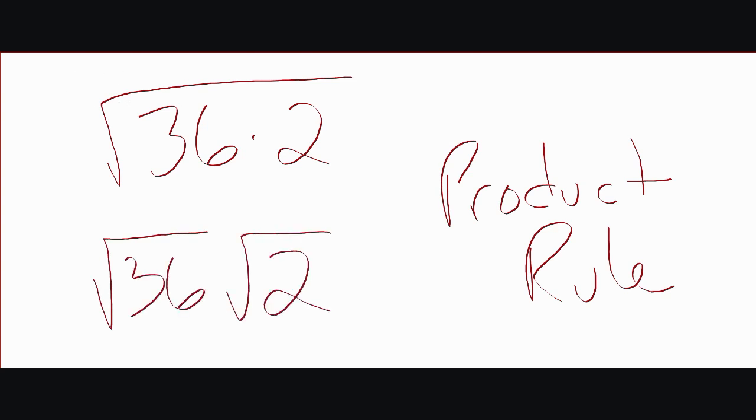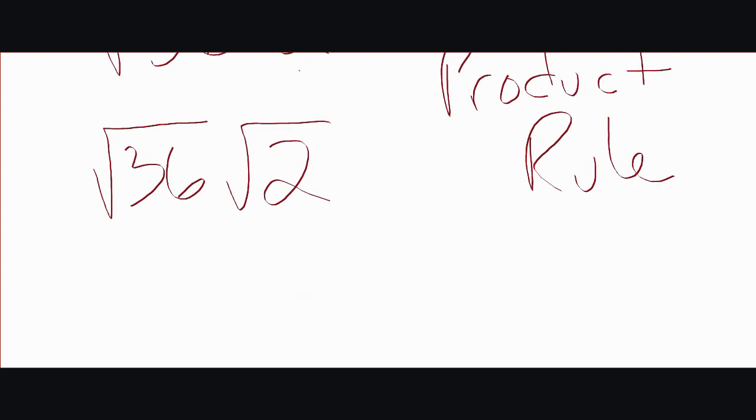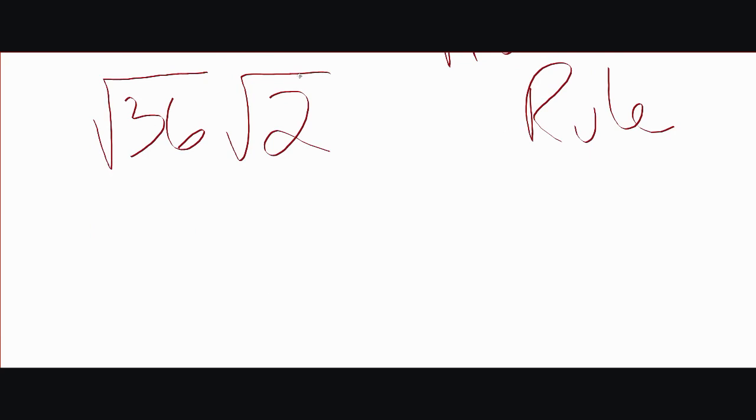Meaning I can break 36 times 2 all in one radical up into the square root of 36 times the square root of 2. And now this is valuable because I know that 36 is a perfect square. 36 is equal to 6 times 6. So the square root of 36 is 6. So this is equal to 6 times the square root of 2.